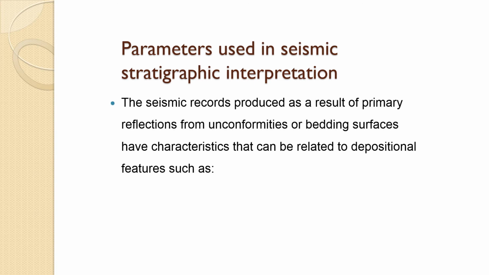So when we use a source of seismic waves and send those waves into the earth, and those waves hit an interface between two layers, they reflect back because of the density and velocity contrast, or if they meet an unconformity or bedding surface, they can be related to a depositional feature.